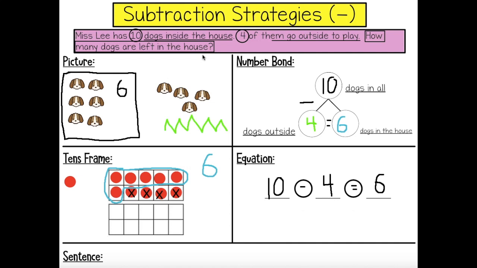How can we answer that in a complete sentence? That's right. We can say that there are blank dogs left in the house. Can you help me fill in this blank? That's right. There are 6 dogs left in the house.